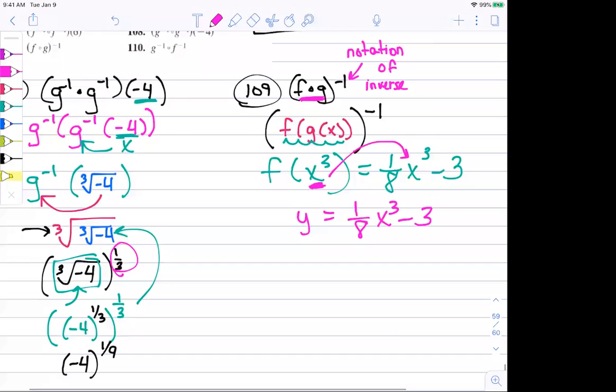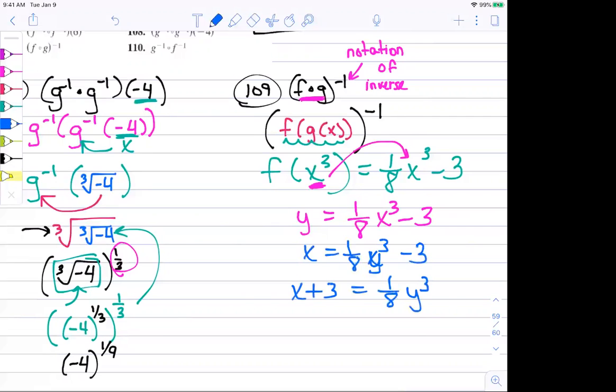So switch x and y. And then I need to get y by itself. Just be careful when you're multiplying by the 8, make sure you take it to everything.